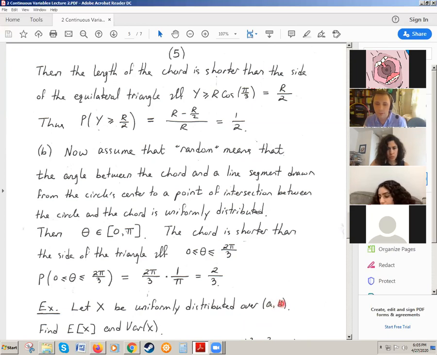If you simulate it and you take the average over all your simulations, what's going to be that average?